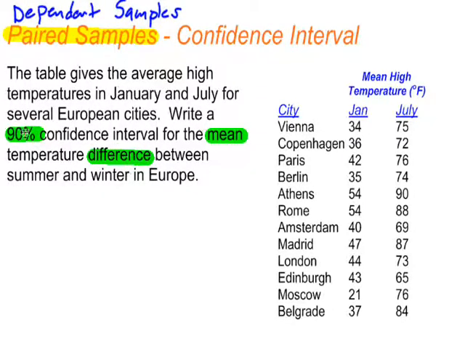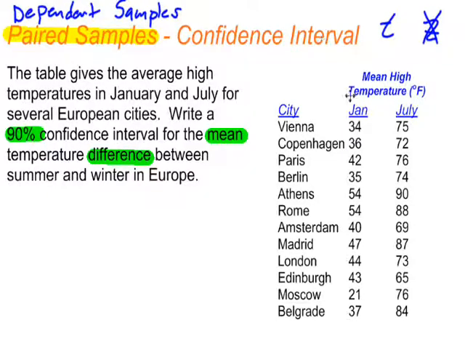The first thing is 90% confidence interval, so I know I'm going to make a confidence interval. Mean tells me that I'm dealing with means and not proportions, so I'm going to use a t distribution eventually instead of a z distribution. And I'm looking at the difference between summer and winter. So that means I'm comparing two samples.